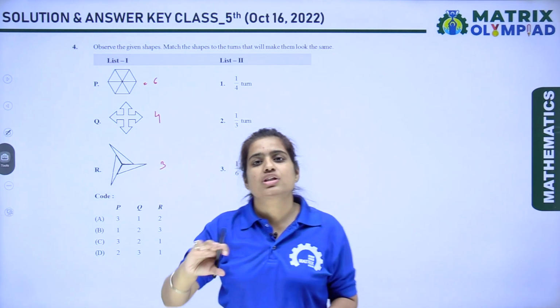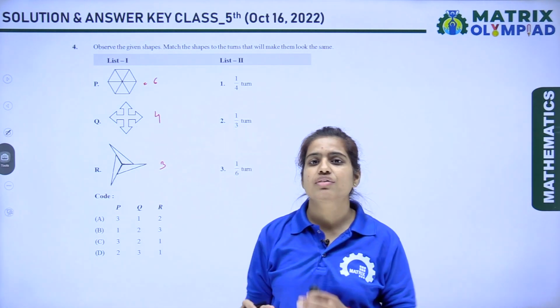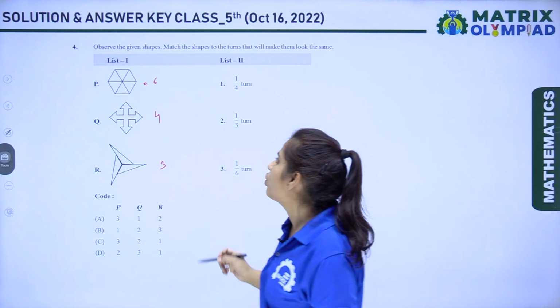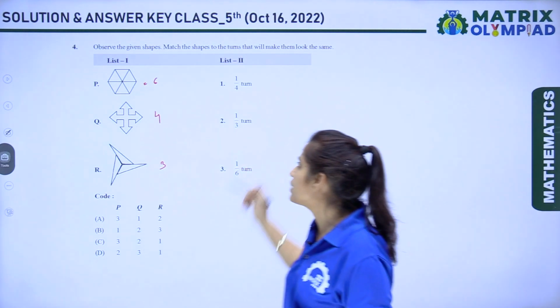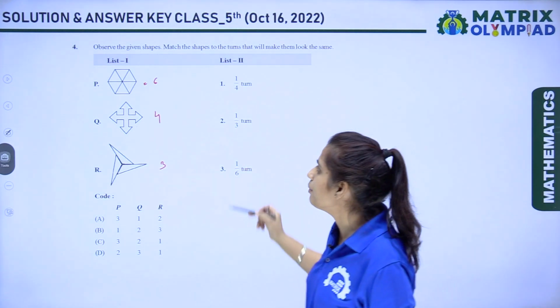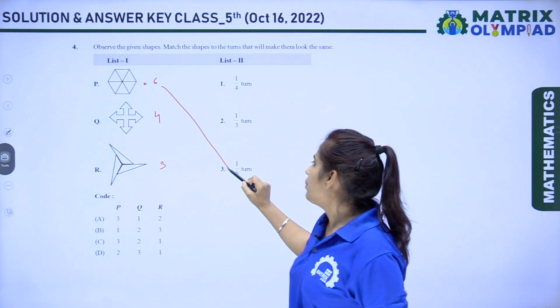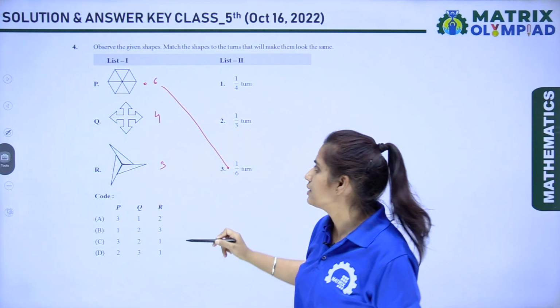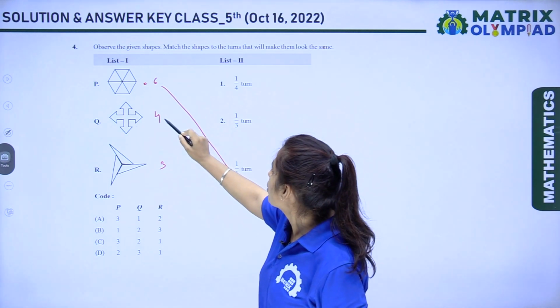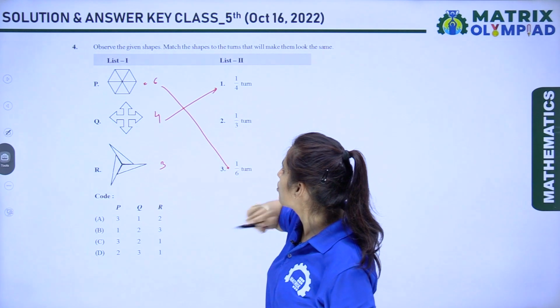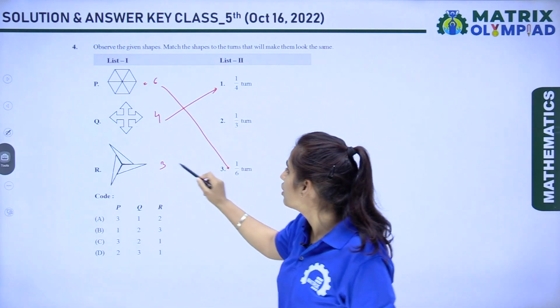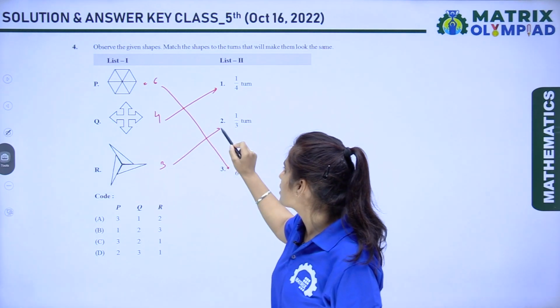Now we have to just turn the shapes in such a way that they look the same. So according to the shapes and options, we can easily match P, that is 6. If we turn 1 by 6, it will look the same. Q is matched to the first one, R with the second one.